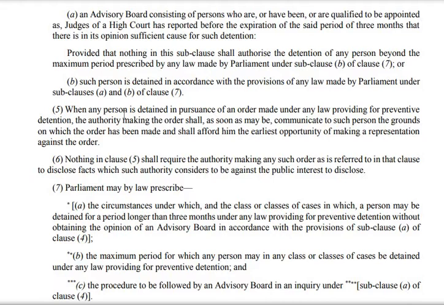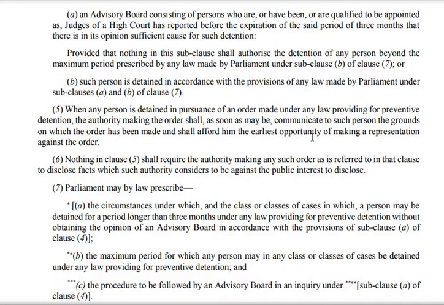So when any person is detained in pursuance of an order made under any law providing for preventive detention, the authority making the order shall as soon as may be communicate to such person the grounds on which the order has been made and shall afford him the earliest opportunity. But no time period is given for the earliest opportunity either.